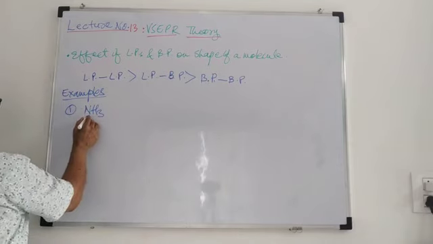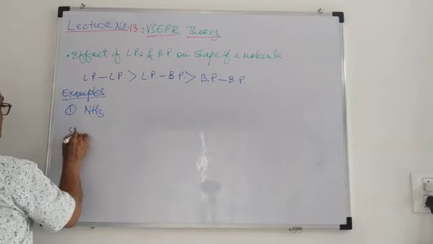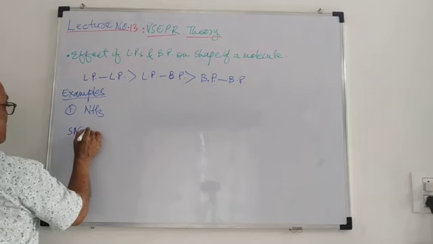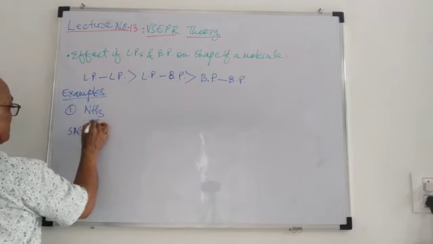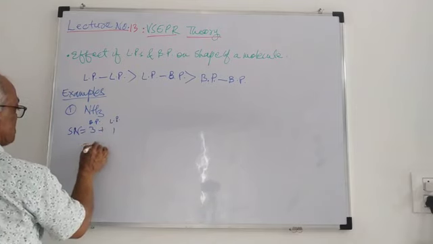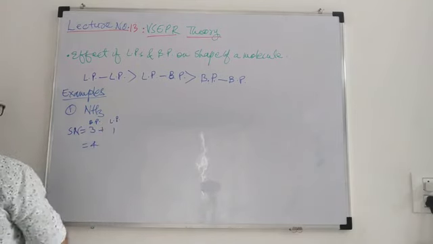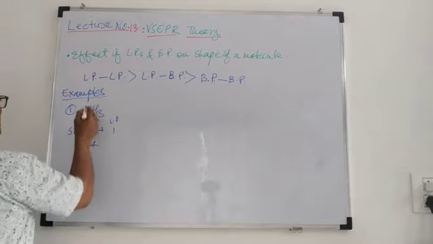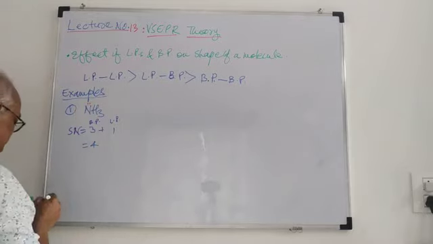For example, NH3, the steric number is 3 bond pairs plus 1 lone pair, so that is 4. Here we will find that there is a lone pair.